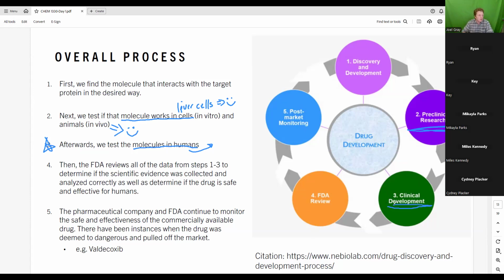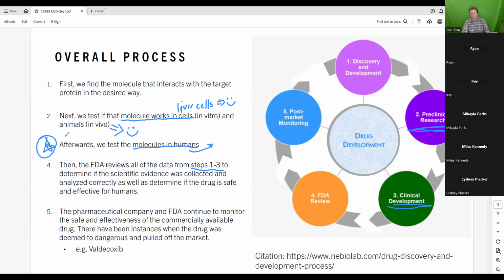Then, after that clinical development, the FDA reviews all of the data from steps 1 through 3 to determine if there's good evidence, and that good evidence was collected and analyzed properly, to determine if the drug is safe and effective for humans. Now, like I said, this phase 3 always seems like, oh, that's going to be a slam dunk.